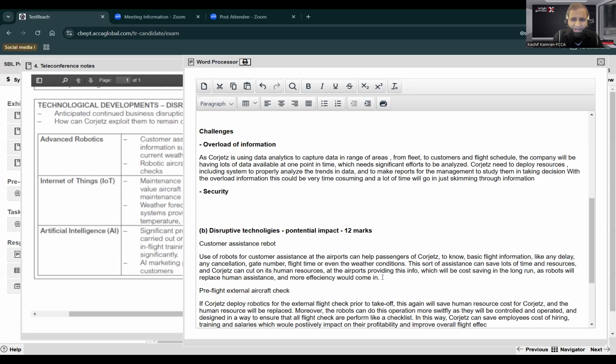So there will be no delays because the robot will be doing it, and you can save a lot of cost.